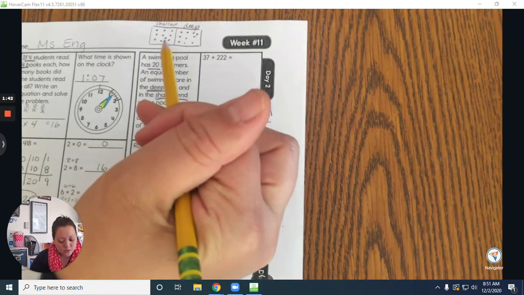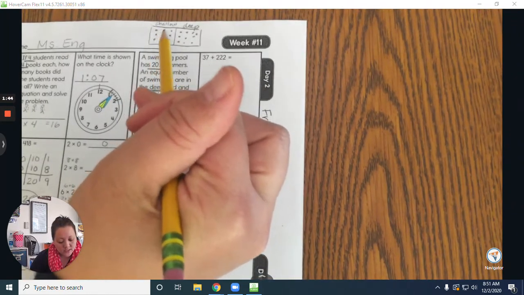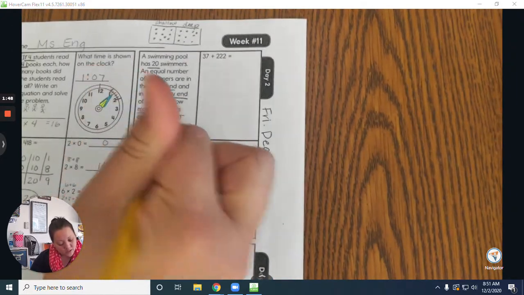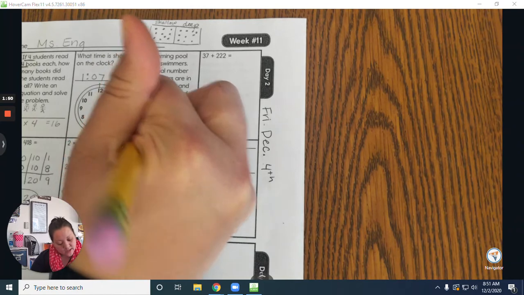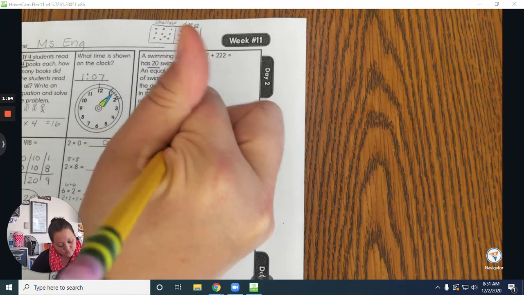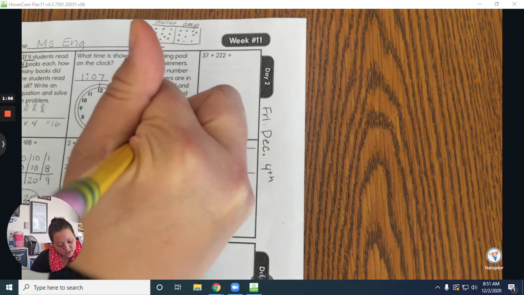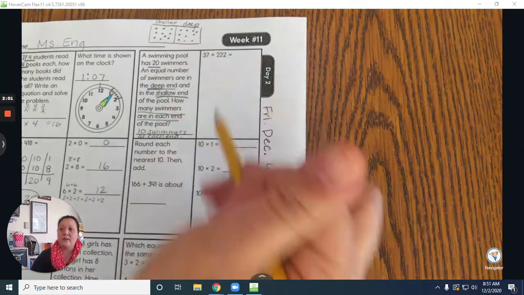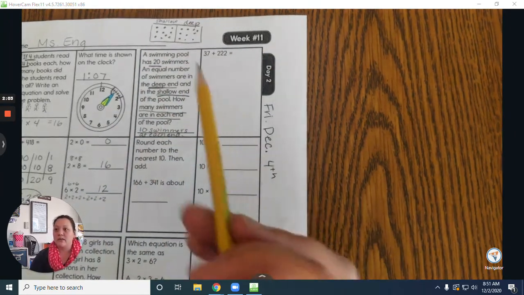And now if I count them, 1, 2, 3, 4, 5, 6, 7, 8, 9, 10. Well, the question asks, how many swimmers are in each end of the pool? There are 10 swimmers at each end.